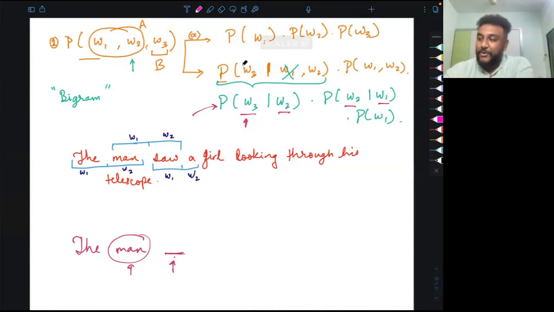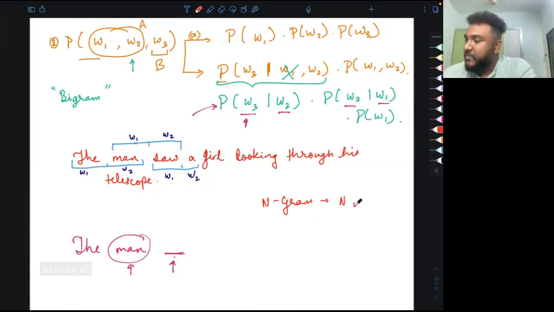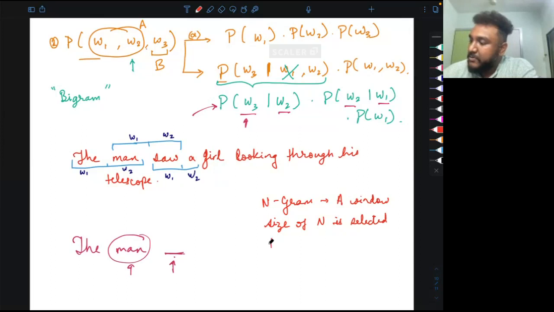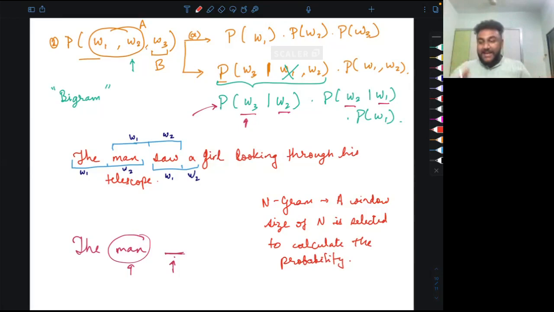Very simply put, if you don't want to understand the math, the simplest way to think about it is that a window size of n is used to calculate the probability.